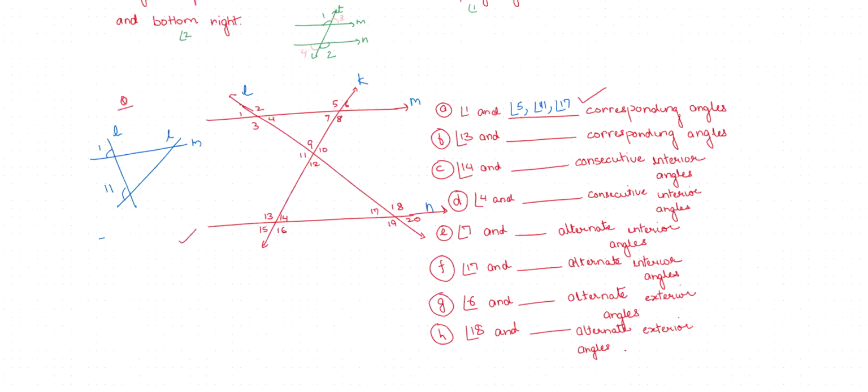So next we see that the transversal line here is L. Okay, L is the transversal line. So the line cutting is L, and we can see that K and M, so 1 and 11 are matching angles. So they are corresponding angles.